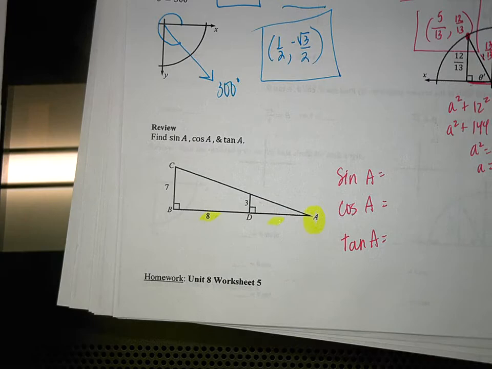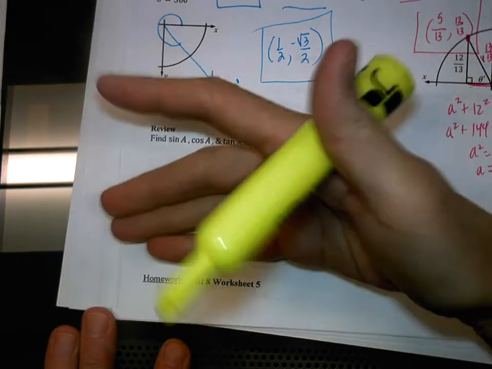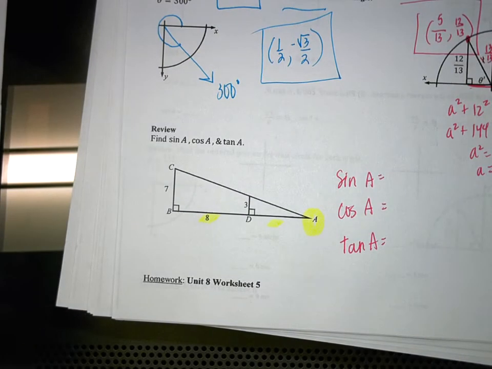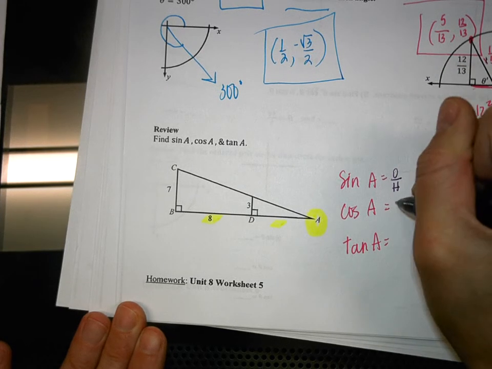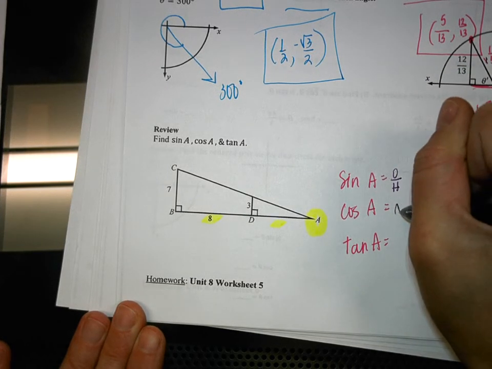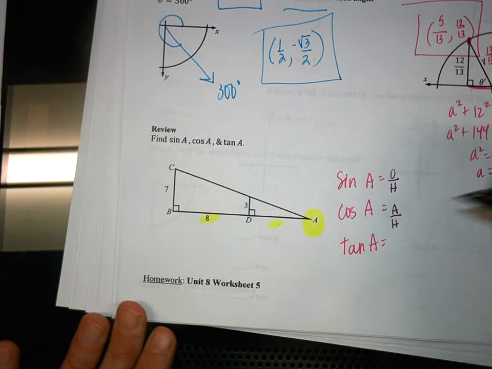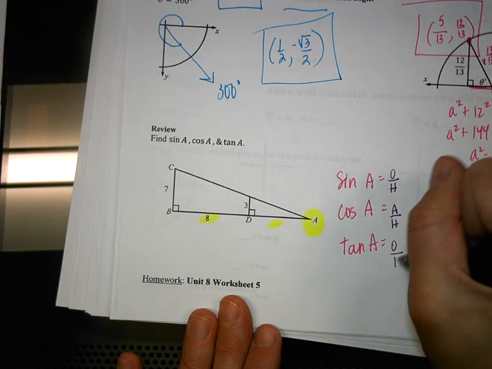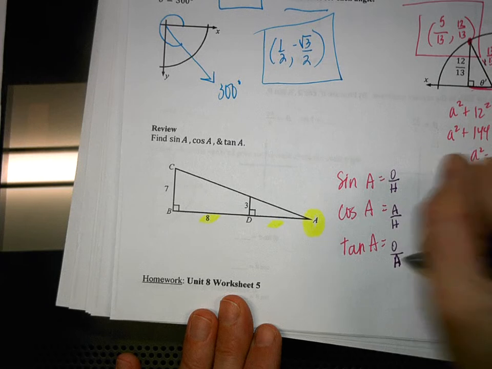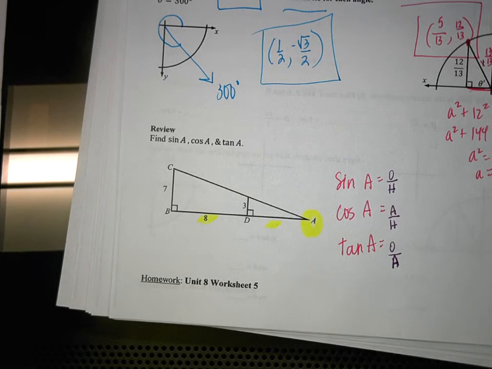So I really don't know my adjacent side. And we know sine is opposite over hypotenuse, cosine is adjacent over hypotenuse, and tangent is opposite over adjacent. So we need to figure out some missing pieces.